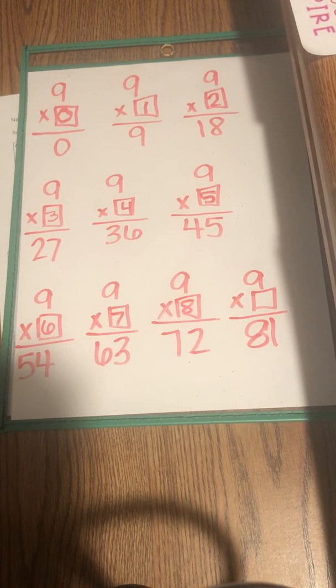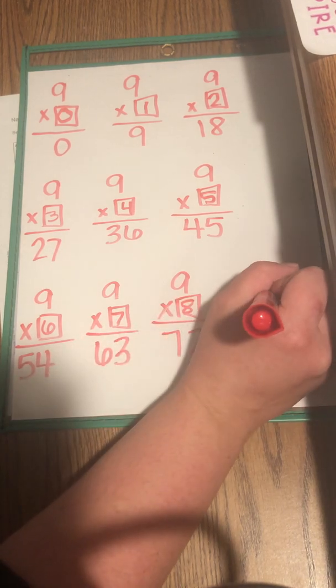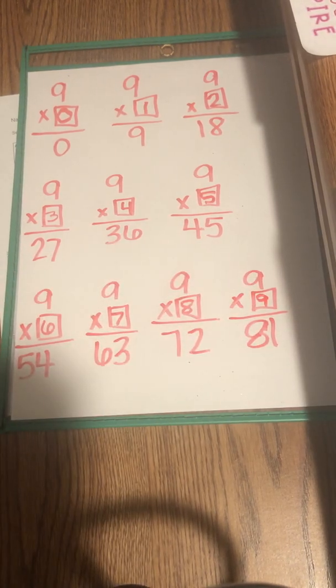And 9 times what equals 81? 9 times 9 equals 81. We have our square number there.